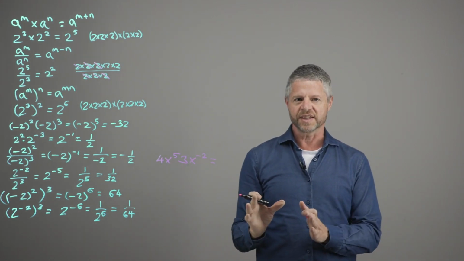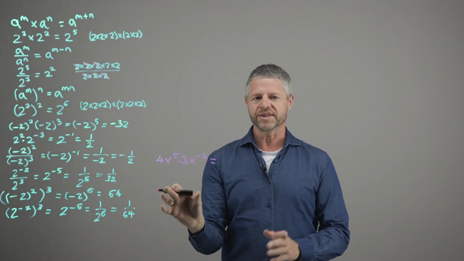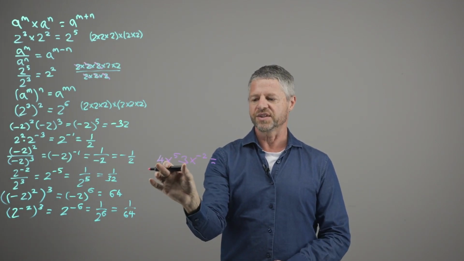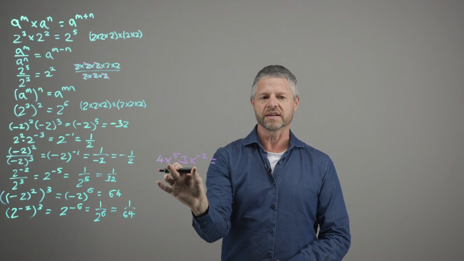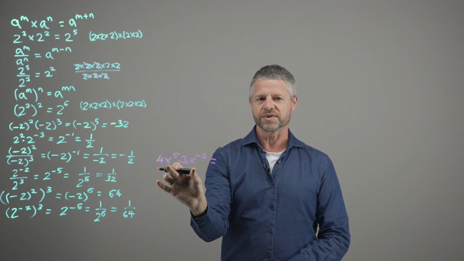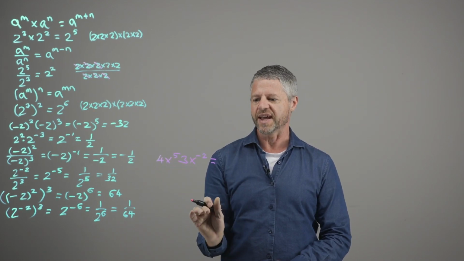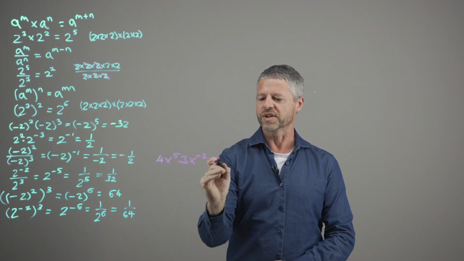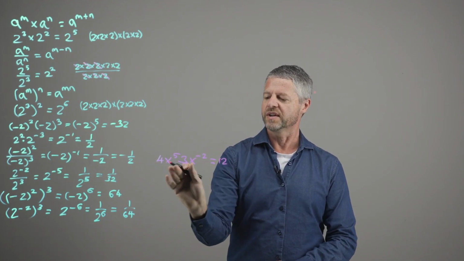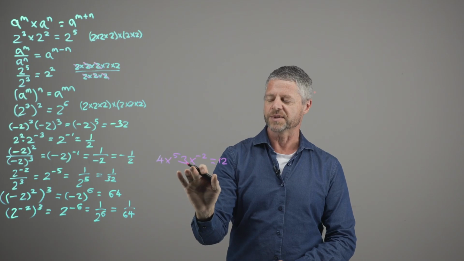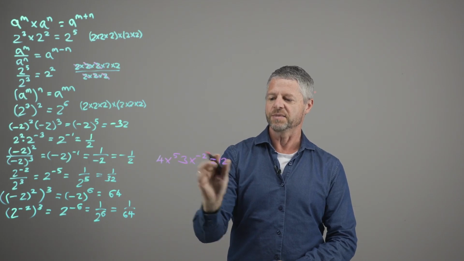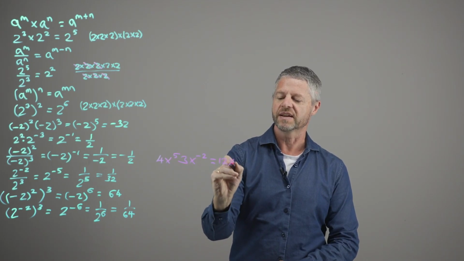So I want to collect together like terms. So I'll collect together constants, and I'll collect together variable terms with x. So 4 times 3 is 12, and then x to the 5 times x to the -2 would be x to the 3.